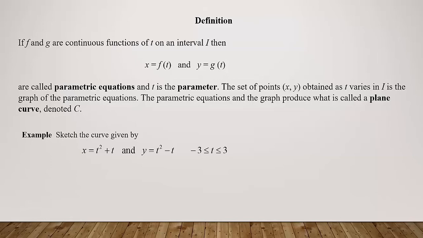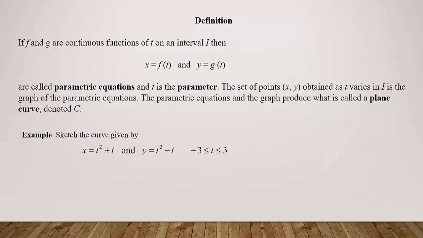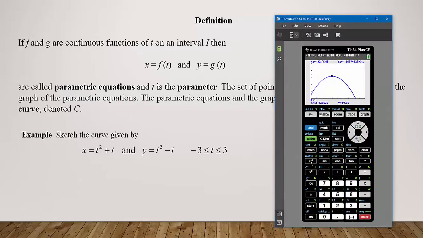I'm just going to call up my calculator and do the graph. So let's see. Y equals, okay, let me clear that. X is t squared plus t. And y is t squared minus t.